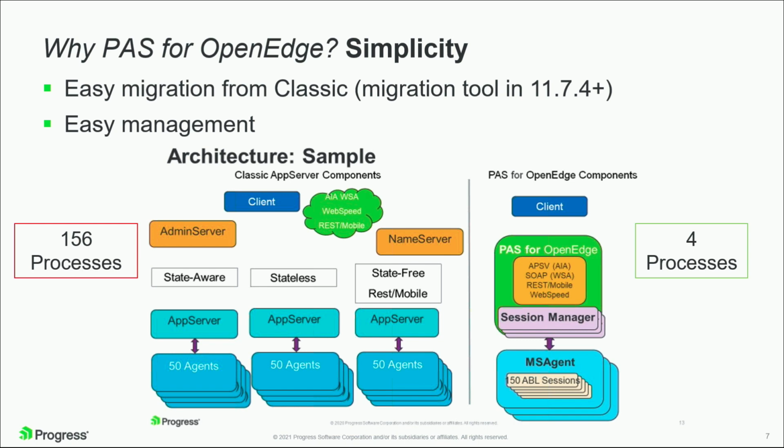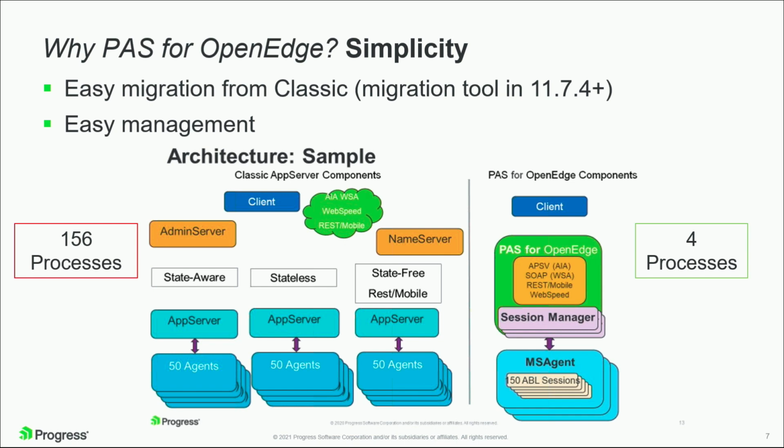On the right-hand side, you can see the PASOE OpenEdge architecture, much simpler. The adapters are essentially integrated as transports. What used to be the broker is also integrated as the session manager. And then probably the most important thing is now the agent is a multi-session agent.